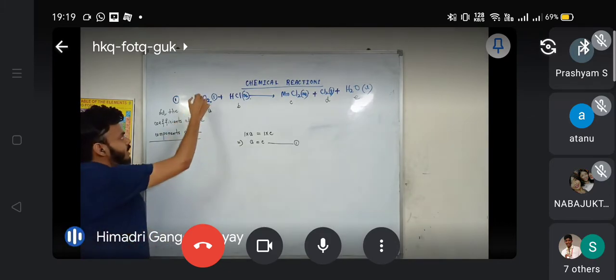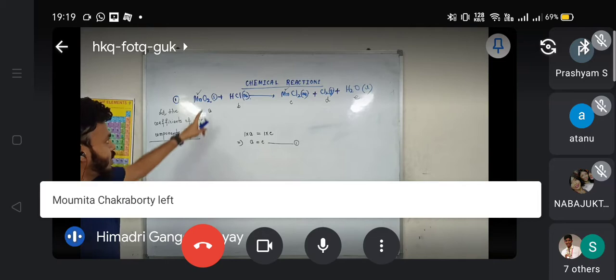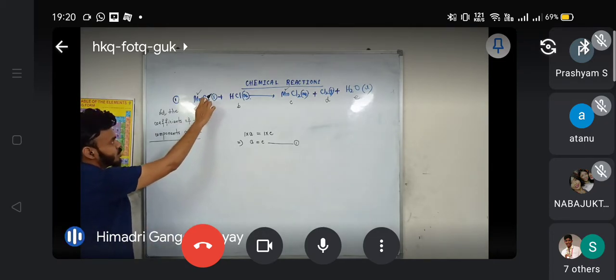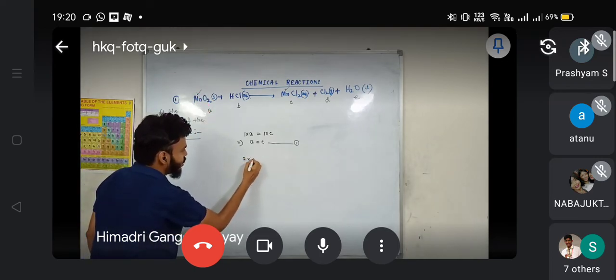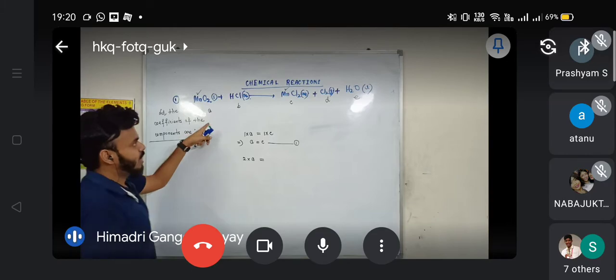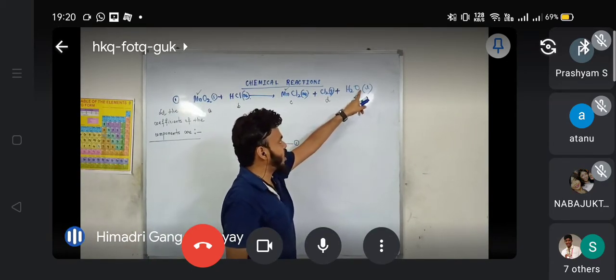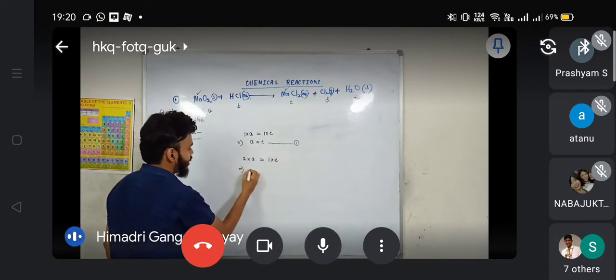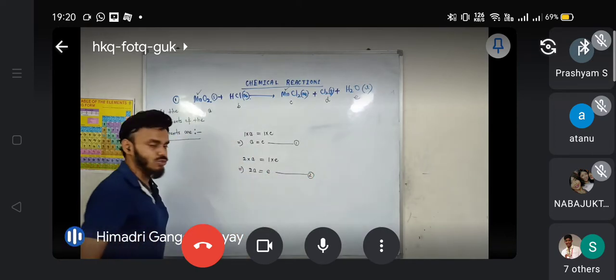So manganese, both sides it has been taken already. Now oxygen, 2 into A, because there are 2 oxygen atoms, so 2 into A on the LHS, and on the RHS look, 1 into E, because number of oxygen is 1 here, so 1 into E. So the second equation is 2A is equal to E. Chalo, equation number 2.